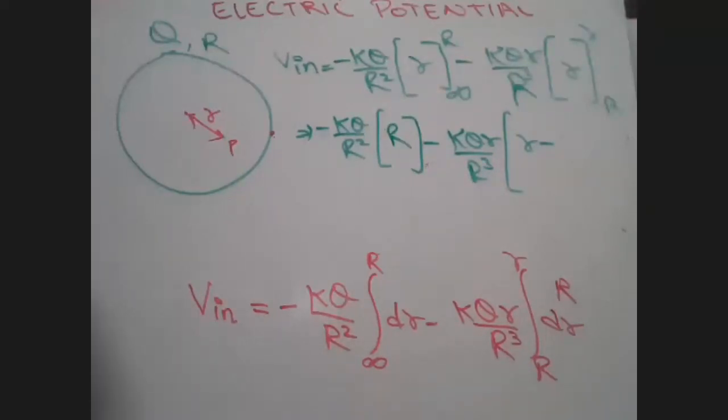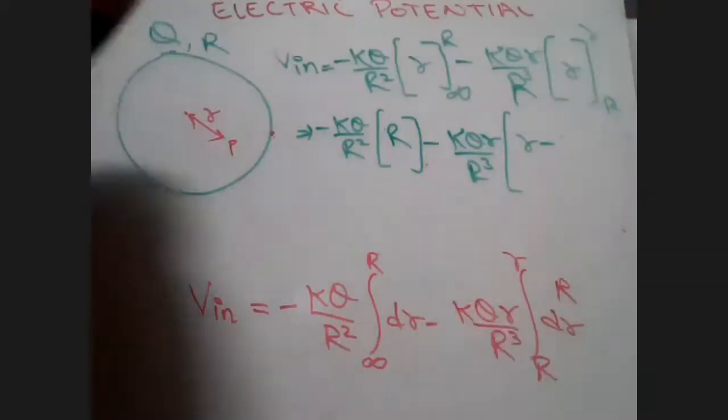Sir, in the second integral you have taken r outside the integration. Just a second. It's going to be the integration of KQ upon R cube, and it's going to be r dr. Yes, the integration of r dr.